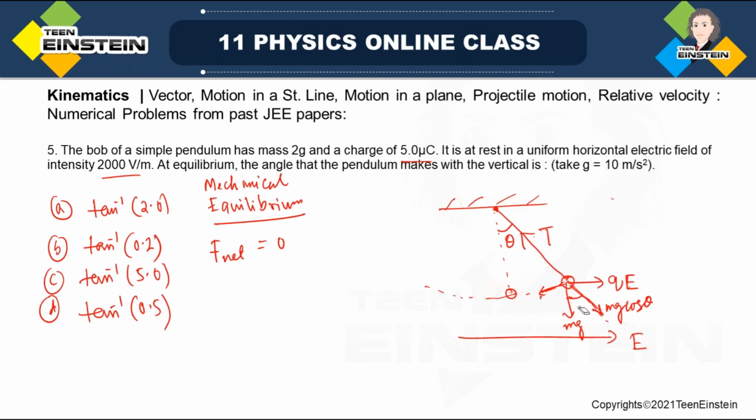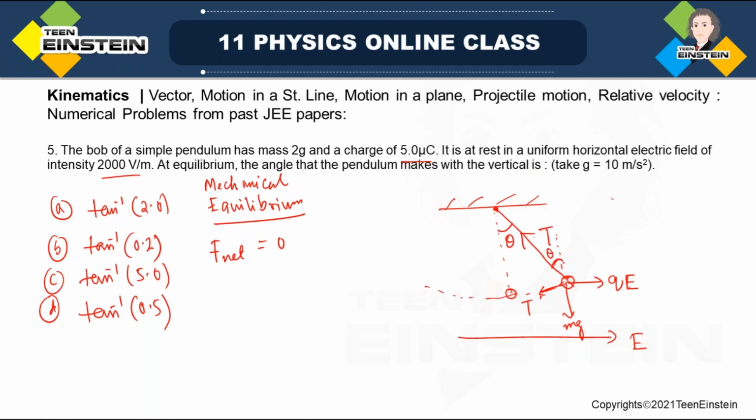We have to break the component of the T itself, so that we can take the ratio to cancel it. So if we take the component of T, see, if this is theta with vertical, this angle also will be theta.